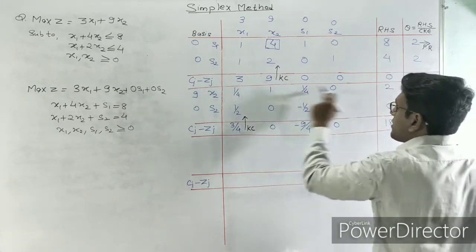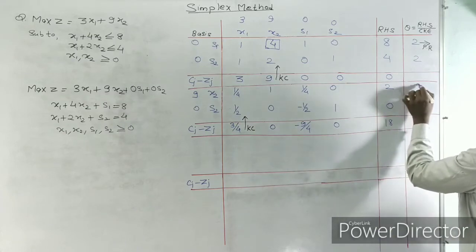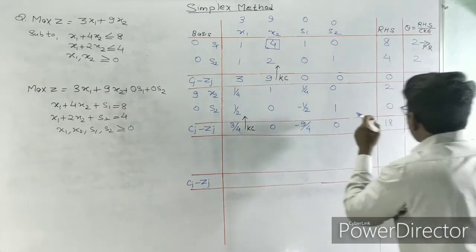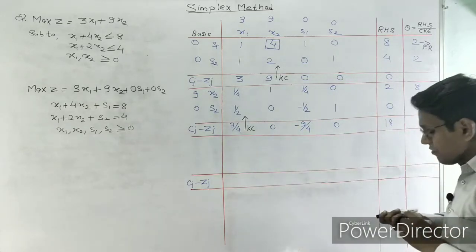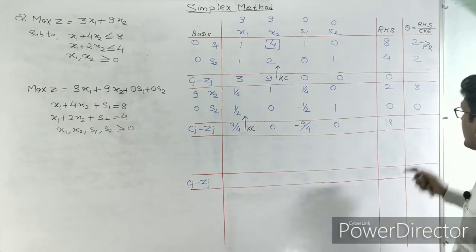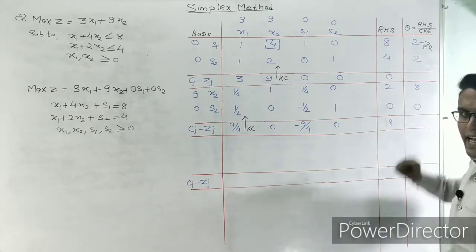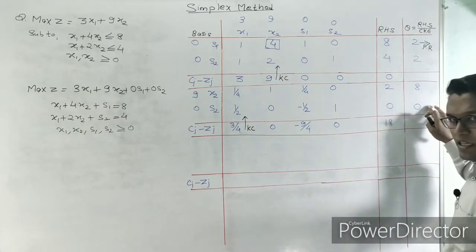So 2 divided by 1 by 4 is 4 into 2, 8, and 0 divided by 1 by 2, anything divided by 0 is 0. And one thing we need to remember here is that the value 0 is treated as the minimum positive value. Okay, clear?